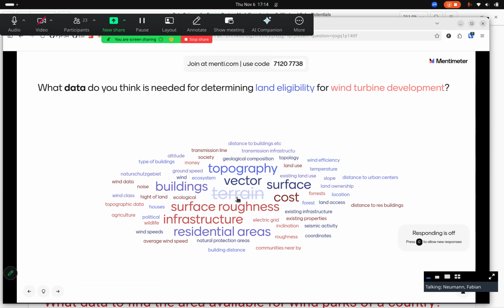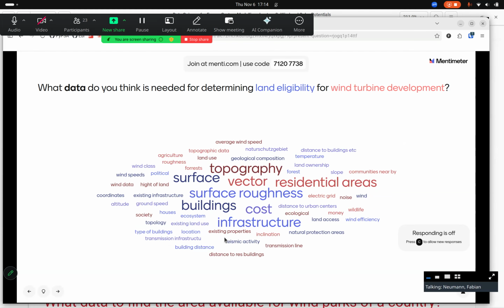So terrain, yes. So two factors actually on the terrain, the slope and the general height. So maybe you don't build a wind turbine on the top of Mont Blanc or the Zugspitze, and also not in the area around it because it's maybe too steep to really develop a wind park there. And you have all kinds of other difficulties with the braking effects and so on of the wind speeds.